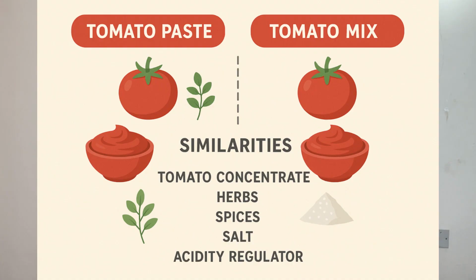Don't forget, I've said for the tomato paste, a minimum of 24%. Let's now look at the similarities. Both of them contain salt, they could contain herbs, they could contain vinegar and water.